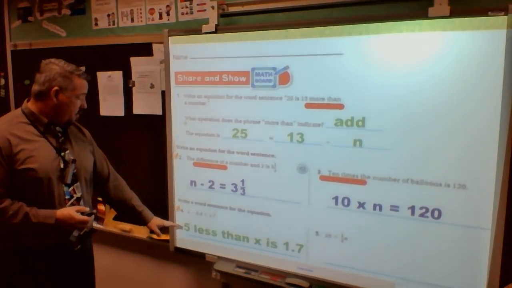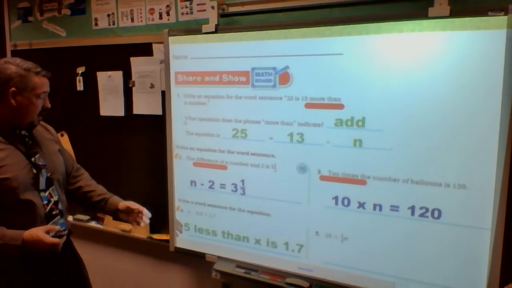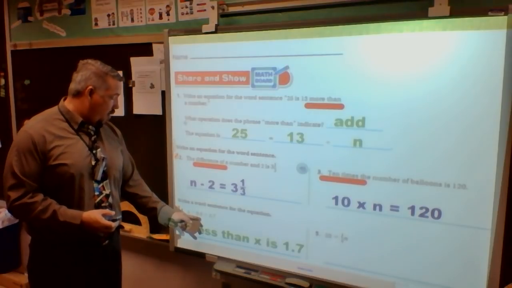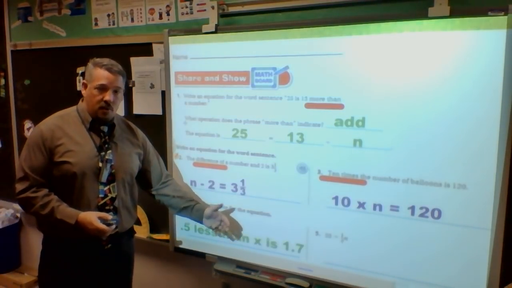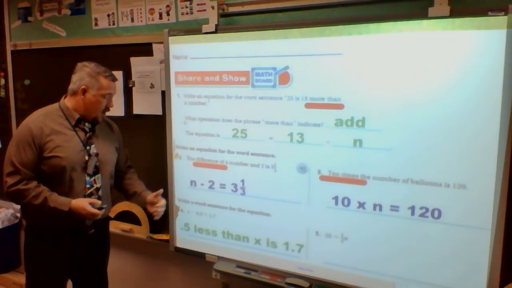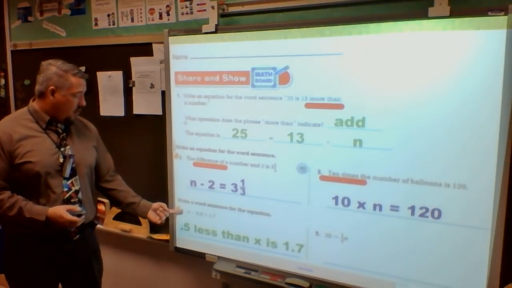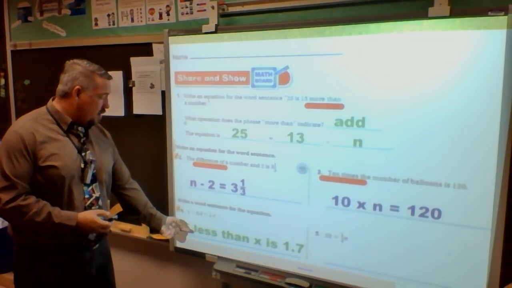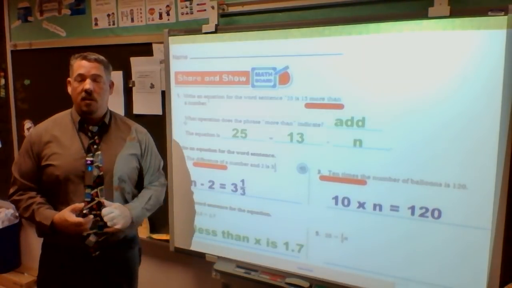But I would have 3/10 less than, because it's subtraction, and less than would tell me it would be taken away from what? I would take it away from x, and that is 1 7/10. I could put x minus and just say exactly what it says. So I could write x minus 3/10 is 1 7/10 as well.